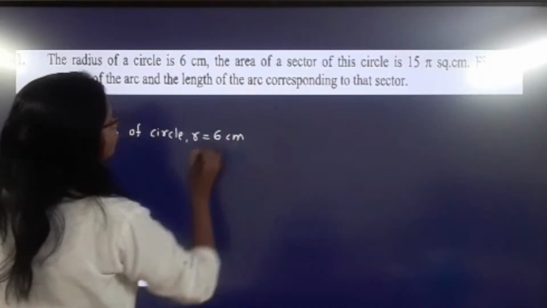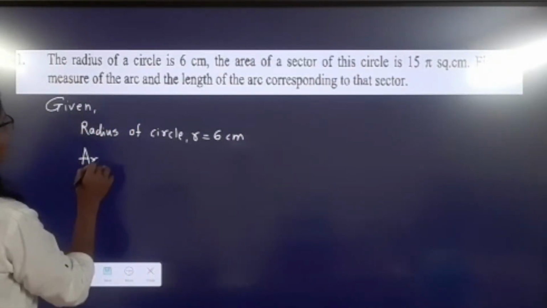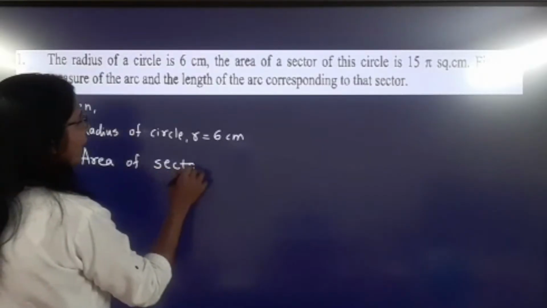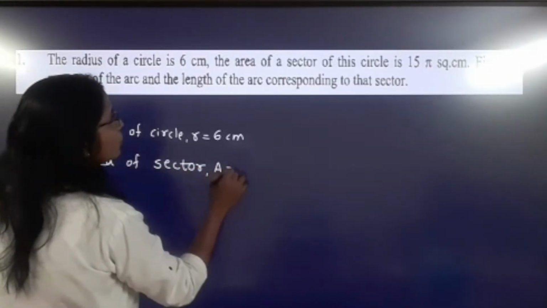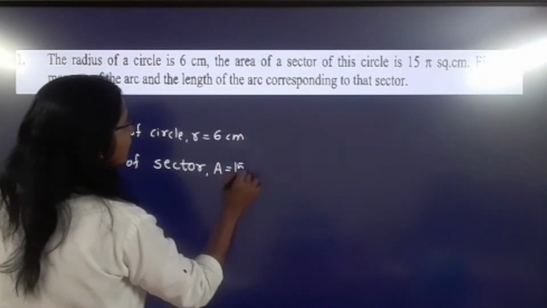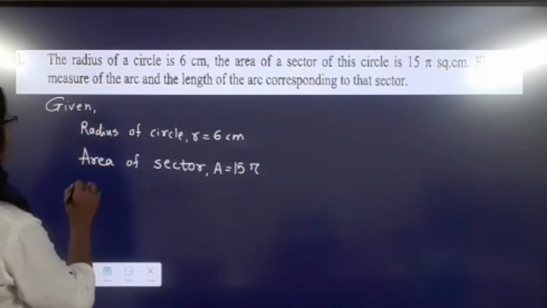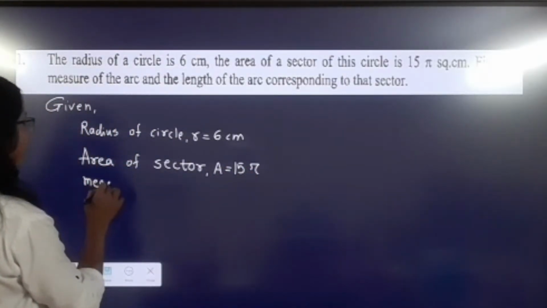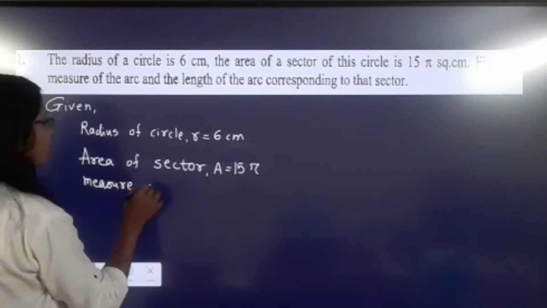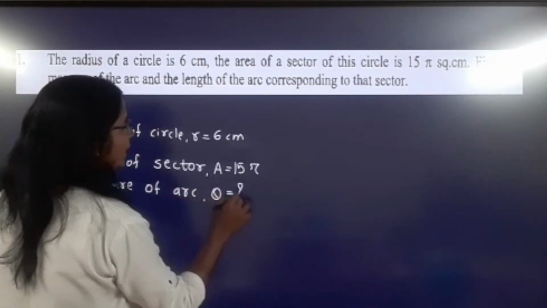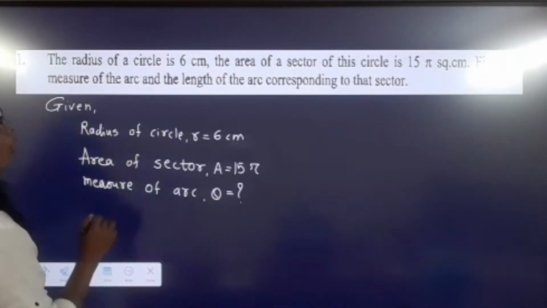Then area of sector, A is equal to 15 pi. Then find the measure of arc. That means here, students, we have to calculate theta, and the length of arc.